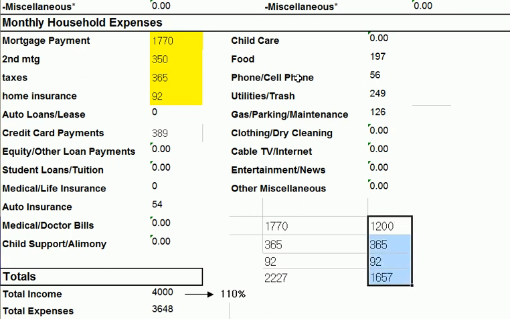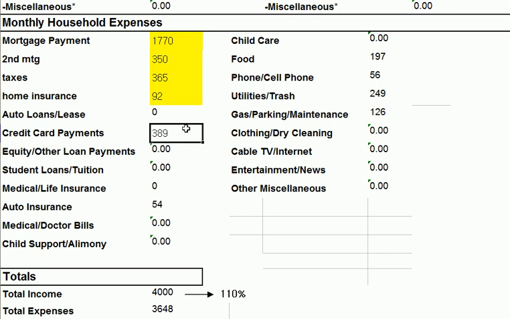So this will make a new total of $1,657, as you can see here. What I'm trying to explain here is your new payment will include taxes and insurance. It will make a new total. I hope you understood this.